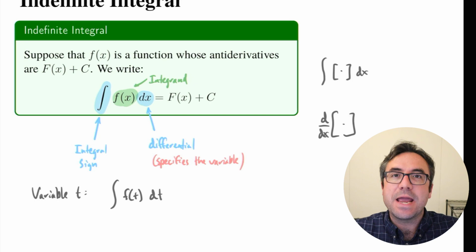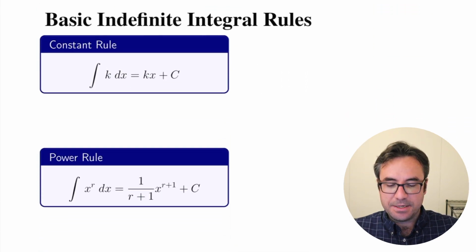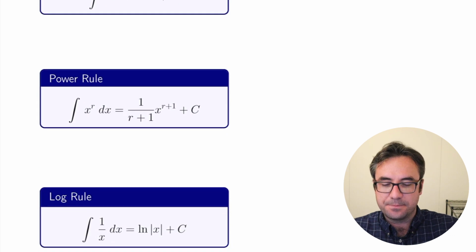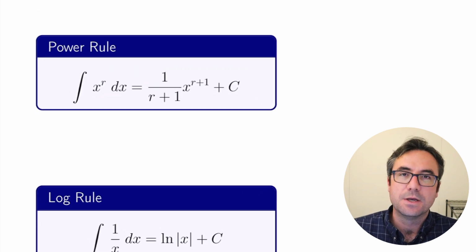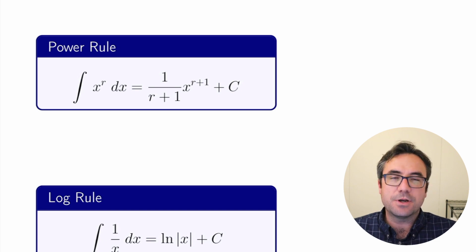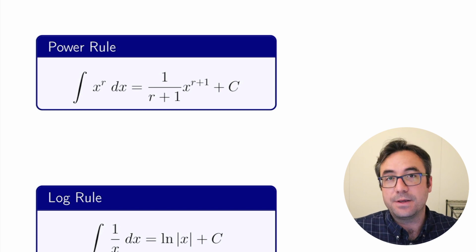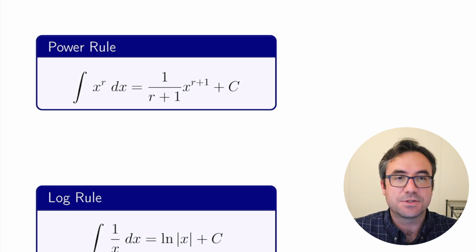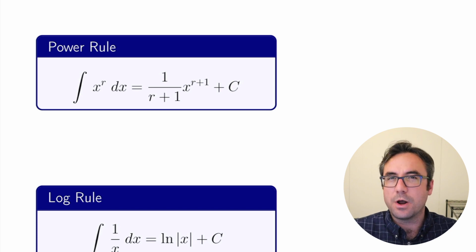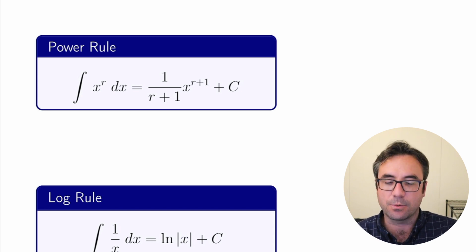All right, so let's get into a few of the basic rules. And the main one that we're going to see is right here, power rule. Basically, for all the derivative rules that we've learned, there's going to be an analogous anti-differentiation rule or integration rule. The main derivative rule, going all the way back to just about the beginning of the course, is the power rule.